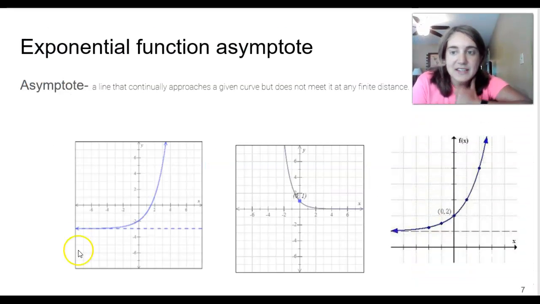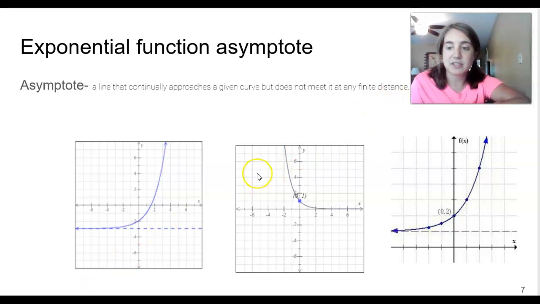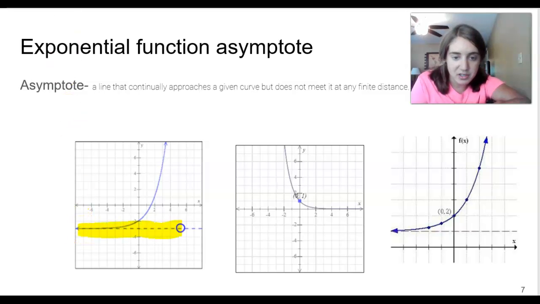As we talked about last lesson, a line that we are continually approaching but does not cross is considered our asymptote. So we're just reviewing that concept. My asymptote here is at -3.